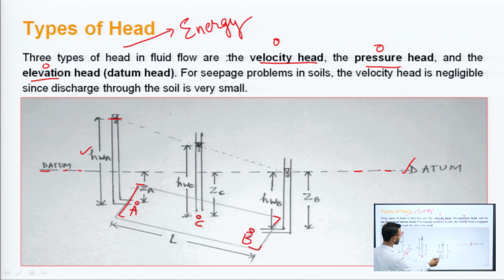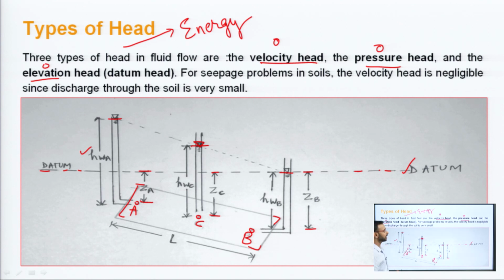When the piezometer is applied at point B, water rises up to this level, that is HWB. When the piezometer is applied at point C, the water rises up to this level by virtue of its pressure. So, one thing is the pressure head and another is the datum, that is the distance of point C and point B from the datum. Here in this case we have taken HWB is equal to ZB.